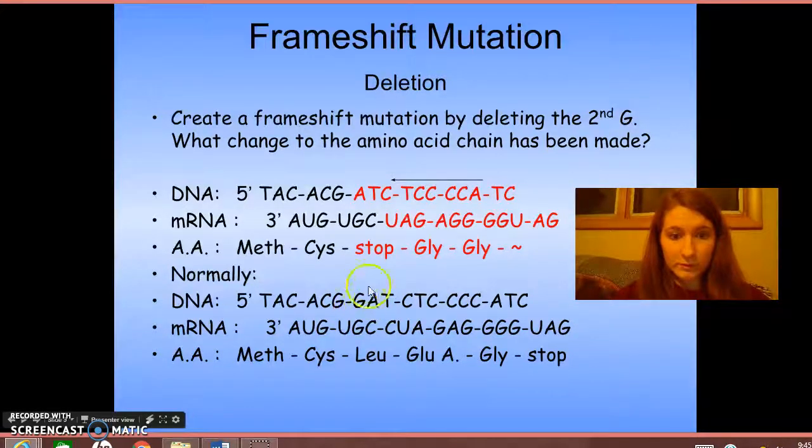So when you remove this G, everything is going to shift over to the left, and now it's going to actually code for a stop codon early, which would be that nonsense mutation, and then after that glycine would be added twice. It's going to stop early, which is not good. So if you delete that G, that's what's going to affect the whole sequence.